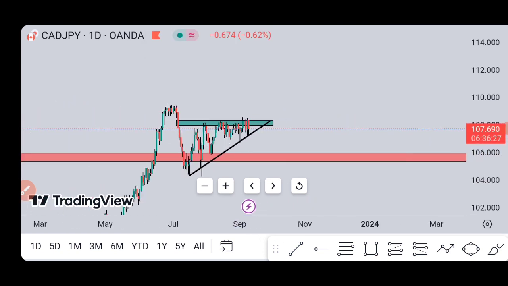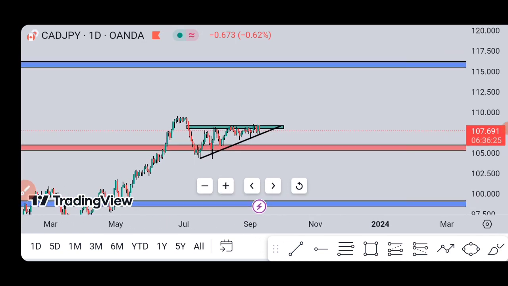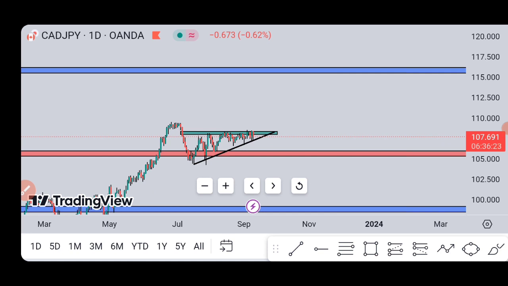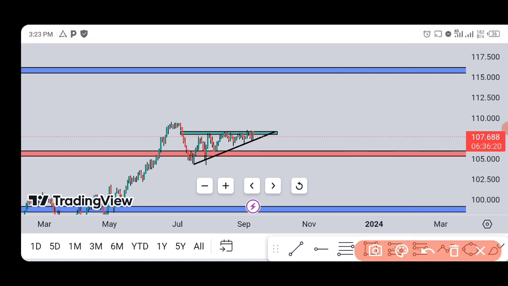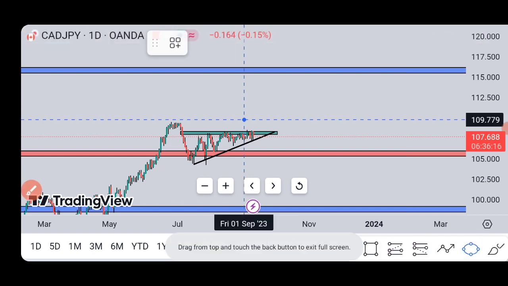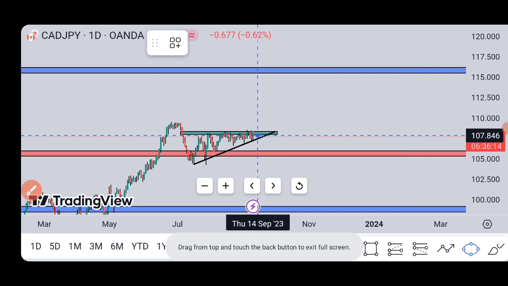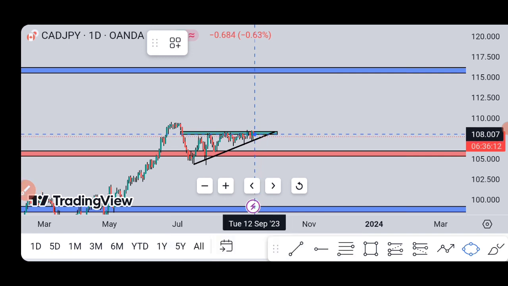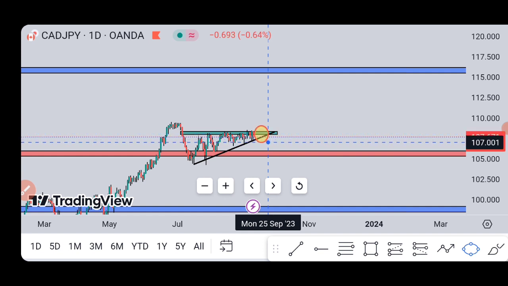Simple. We are done. You know what to do. Allow the market to play around inside here.